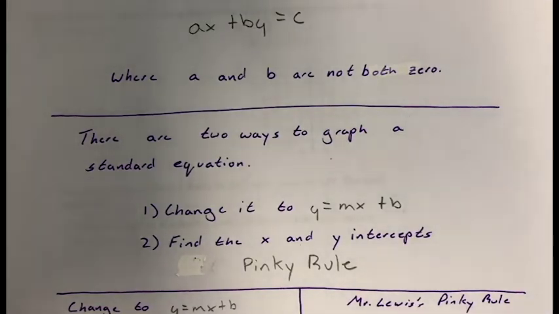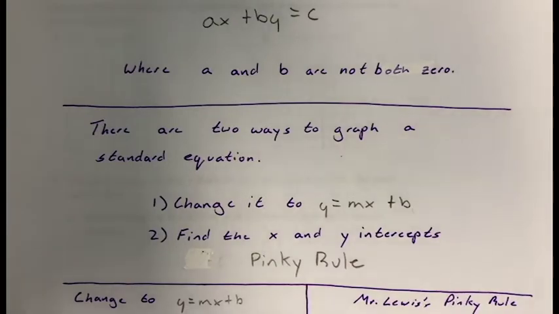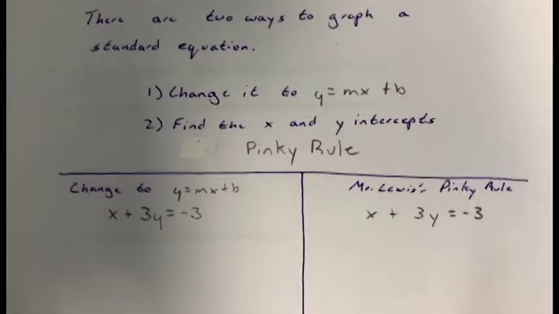You'll be seeing later on tests and quizzes where I will give you a problem and I'm going to say, okay, solve by changing it to slope-intercept form. Whereas in another question, I might say solve by finding the x and y intercepts. So keep that in mind. You've got to know both ways, even though one way I think is a little bit easier than the other, doesn't really matter.